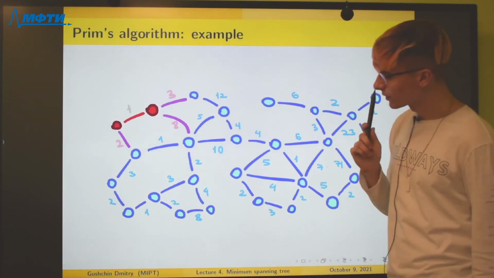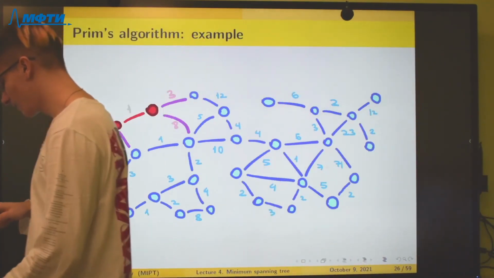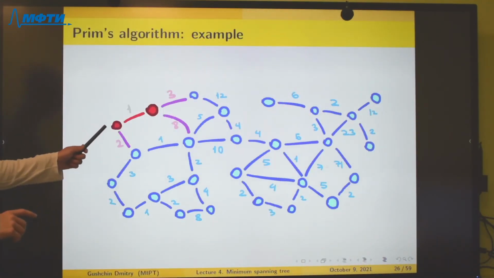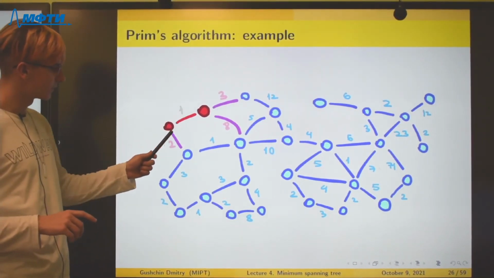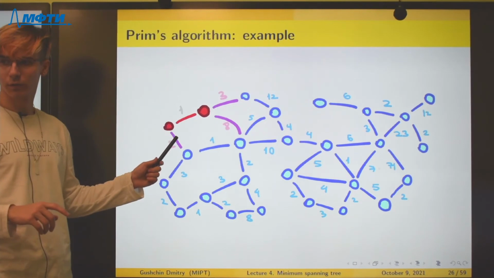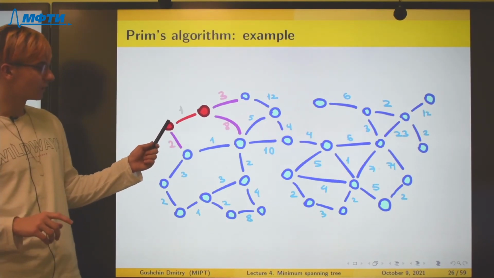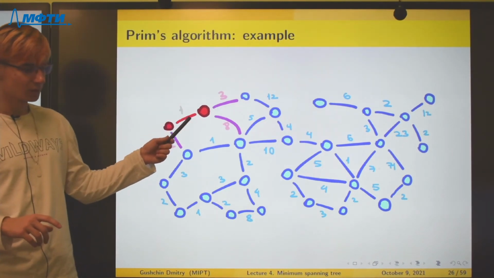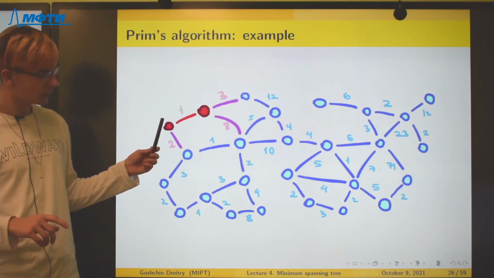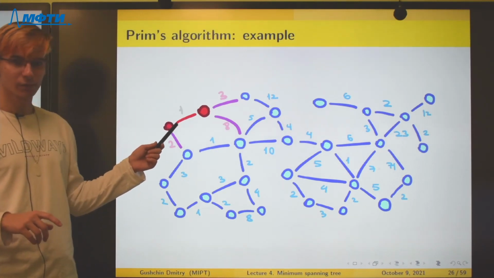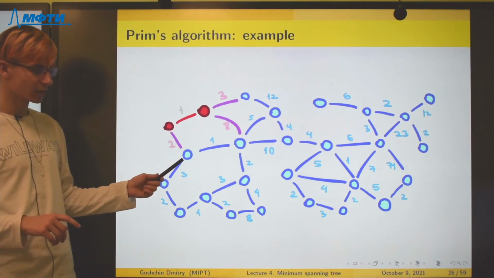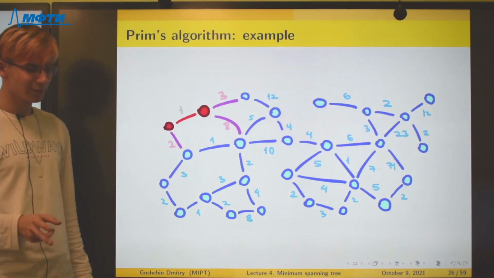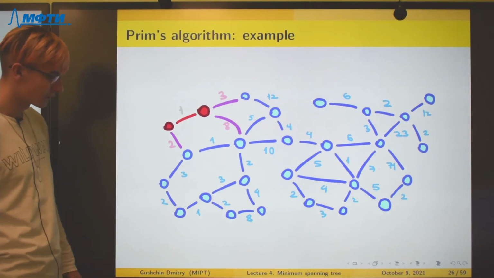But of course you can see that in this cut this edge is not the minimum for this vertex. The edge that connects to this vertex with minimum weight is equal to 1, but in this cut we add this edge, so we need to swap these weights.